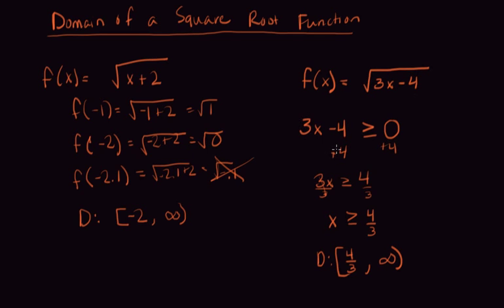Solve it, and once you solve it, that will tell you what your domain needs to be, because you already told your inequality what it needed to be. So once you solve that, that's going to tell you what x needs to be in order for the stuff under the square root to be greater than or equal to 0. And that's how you find the domain of a square root function.